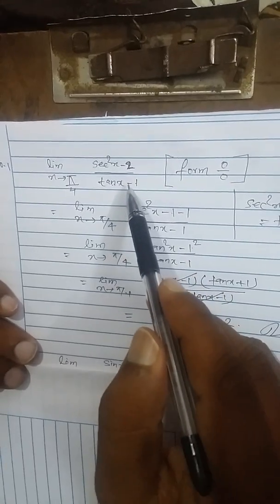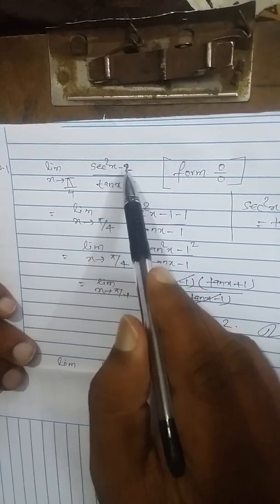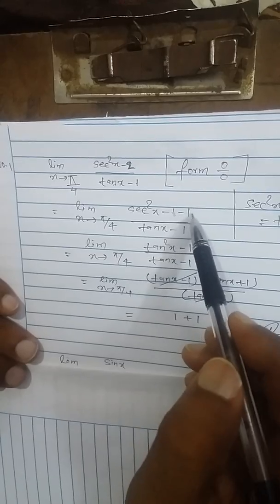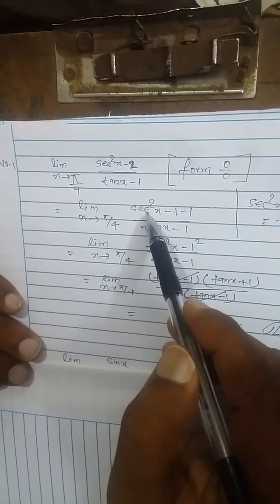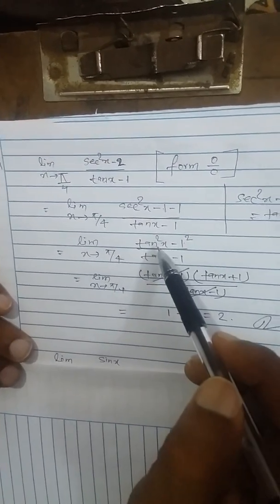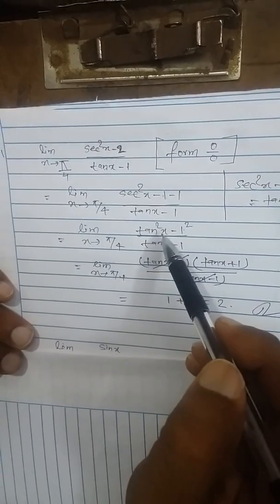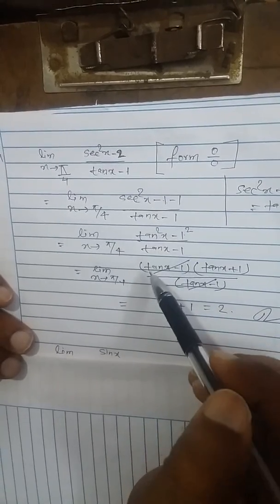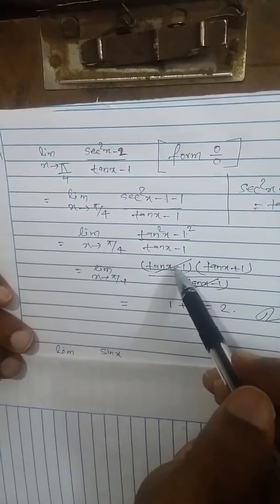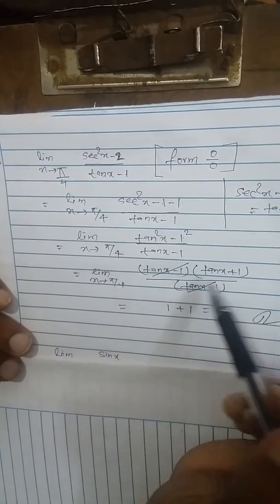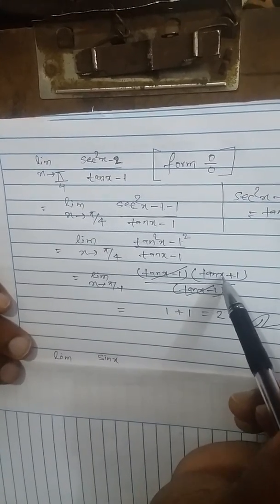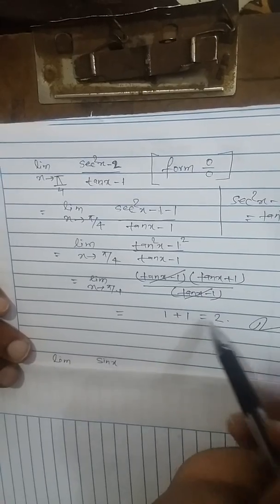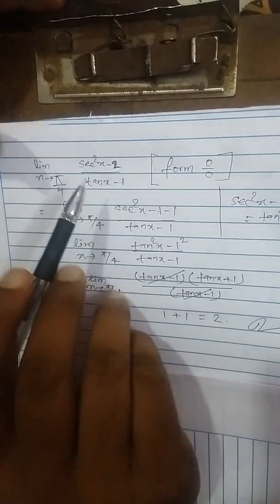Here we have applied the first thing. We have written sec square x minus 2 as sec square x minus 1 minus 1, because we have the formula sec square x minus 1 equal to tan square x, that is substituted here. Thereafter we applied the formula a square minus b square equal to a minus b into a plus b. Factors have been cancelled. Substituted x equal to 45 degrees here, tan 45 equal to 1. This one as it is, 1 plus 1 equal to 2 is the answer.